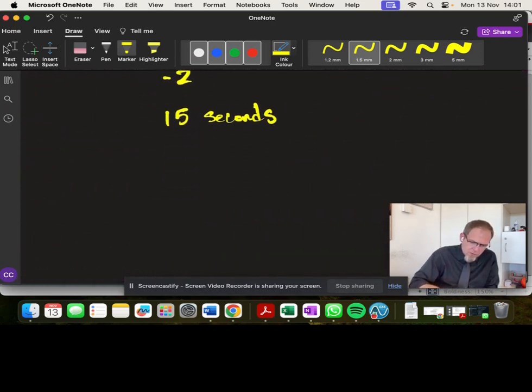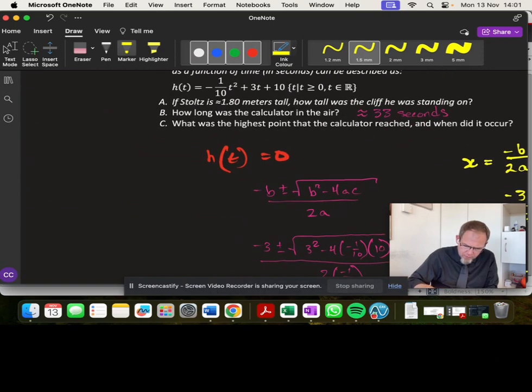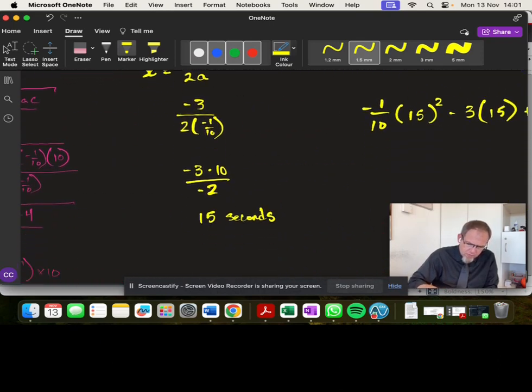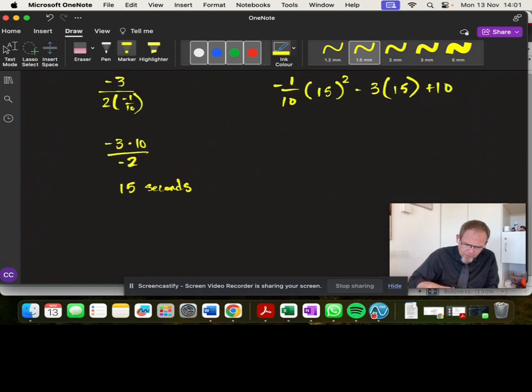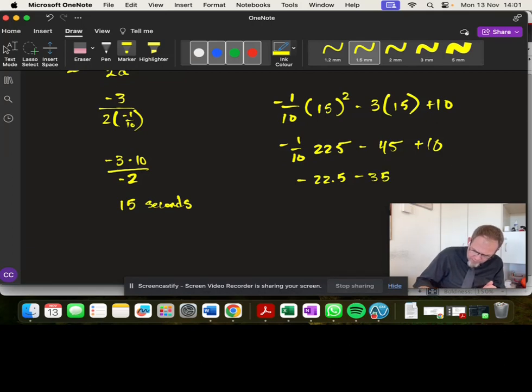So again, I honestly think that this is a calculator thing. It doesn't have to be though, because we can do that if I can find it. So that'd be negative 1/10 of 225 minus 45 plus 10. So this would be negative 22.5 minus 35.